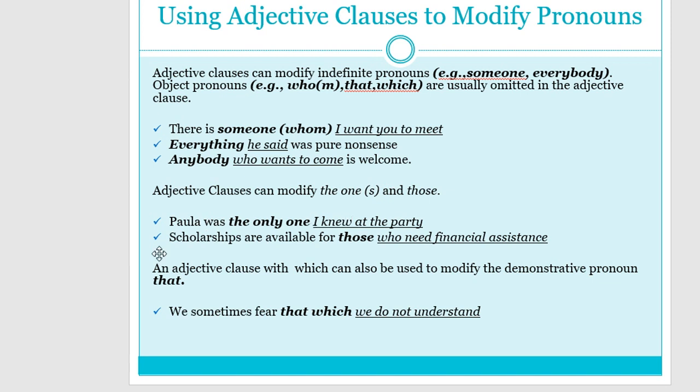You can keep the only one instead of saying whom I knew. Paula was the only one I knew. So you can use it instead of using the relative clause. Scholarships are available for those who need financial assistance.